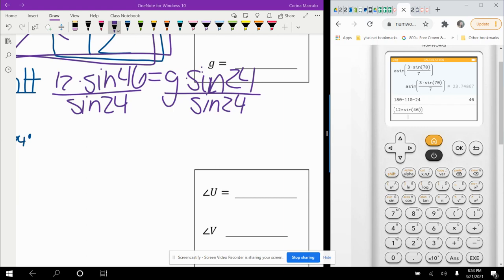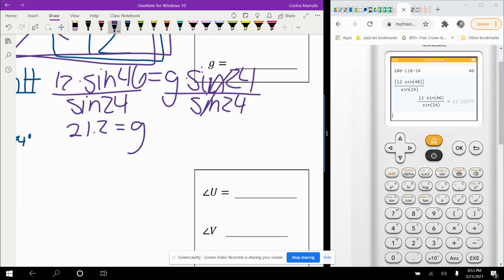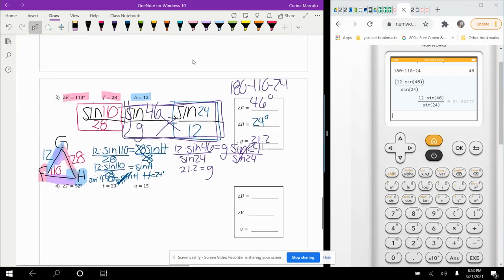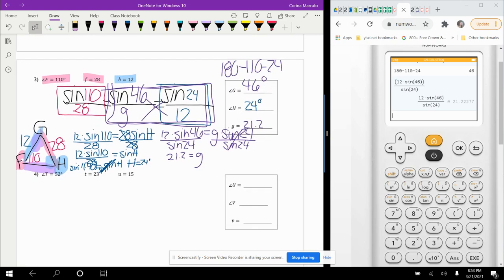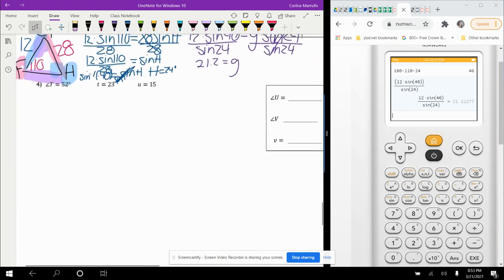Divided by sine of 24. Enter, that gives me 21.22. So this part cancels, and then this gives me 21.2 is equal to g. So little g is going to give us 21.2. All right. So that one we already completely solved. So let's go ahead and try the next one.